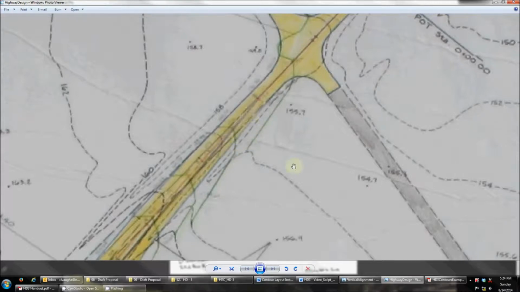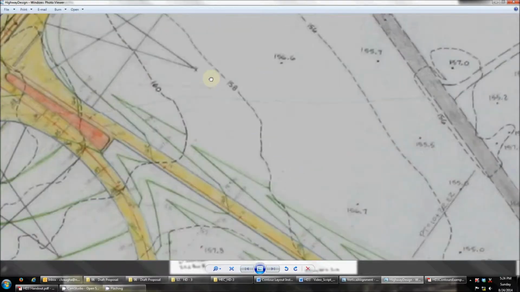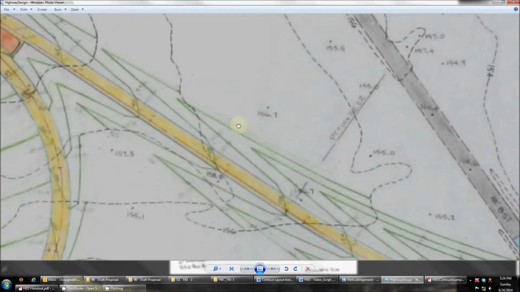So for your ramp A pavement contours, let me come down here to ramp A. Draw the contours within the pavement of ramp A similar to how you drew them for NC 125, except for ramp A, the contours will slope in the same direction across the entire width of pavement, from left to right, or in other words, from the outside of the curve, which is this left side if you were exiting the highway, to the inside of the curve, which is the right side.